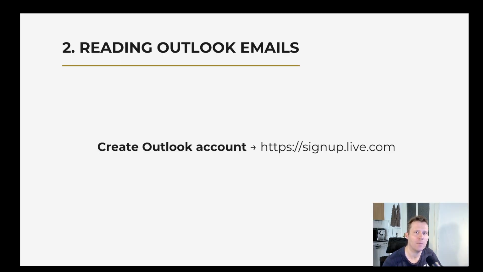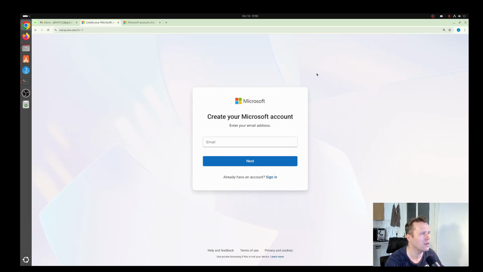Let's do the same for Microsoft Outlook. So please go to signup.live.com and create your Microsoft Outlook account. The sign up form looks like this, and it's not really intuitive. So basically you need to define your username, then you type the @ symbol and you type outlook.com.